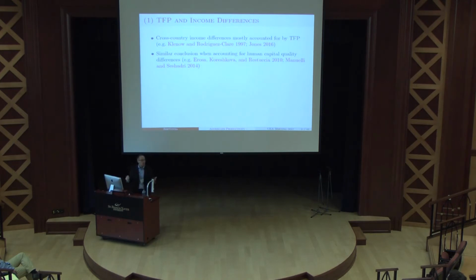And depending on how much action you get from these potential sources, that would determine whether we focus on aspects that relate to the accumulation of inputs or the allocation of inputs, or whether we think about productivity. And this is perhaps one of the very few situations in which economists sort of agree. There is a consensus in the literature that the overwhelming driver of these differences in income, at least at the aggregate level, is productivity.